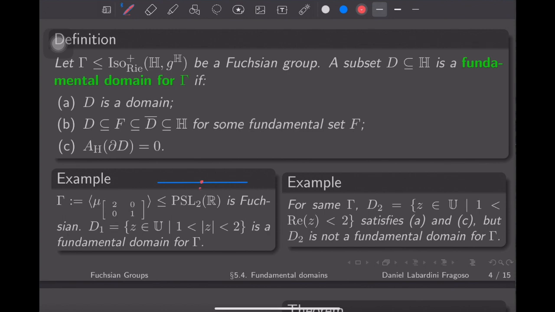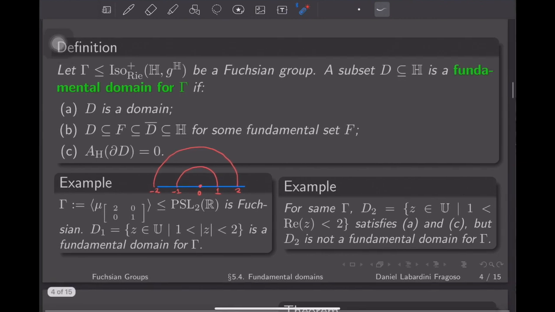So this is 0, and then, oops, well, more or less. Yeah. So it is more or less easy to see that this region is a fundamental domain for this group, multiplication by 2.